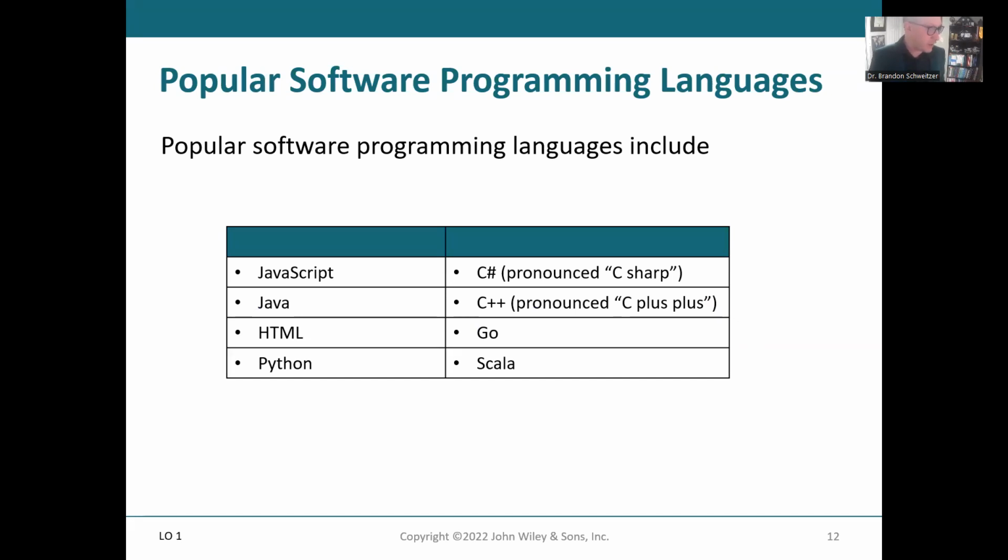As I had mentioned, these are the types of programming languages currently used. The most common ones would probably, of course, be HTML, C++, and JavaScript. Those are probably the most commonly used programming languages.